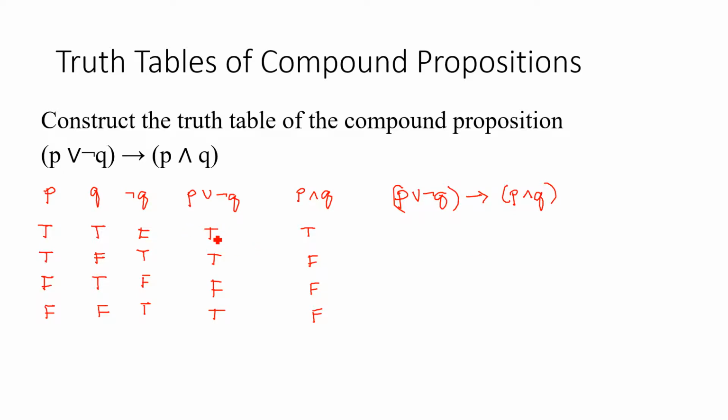True implies true is true. The next one is false. If the two statements are false, then it is true. Then true, false is false. So this is now the truth table of these compound statements.